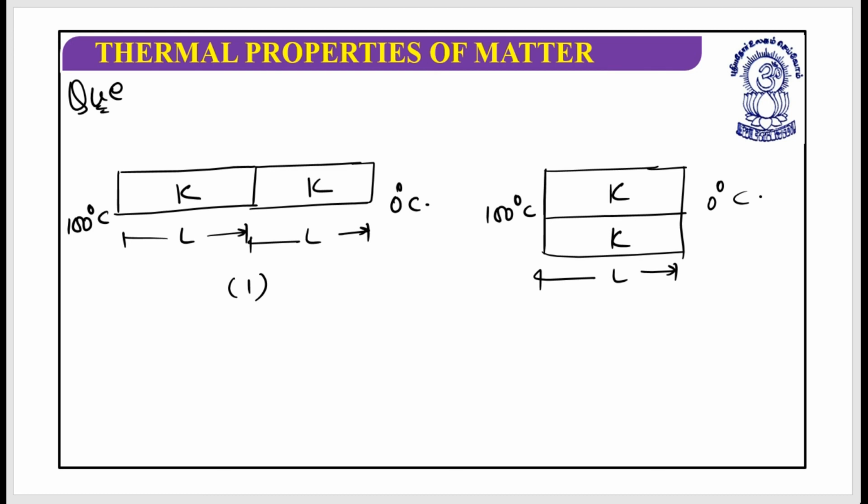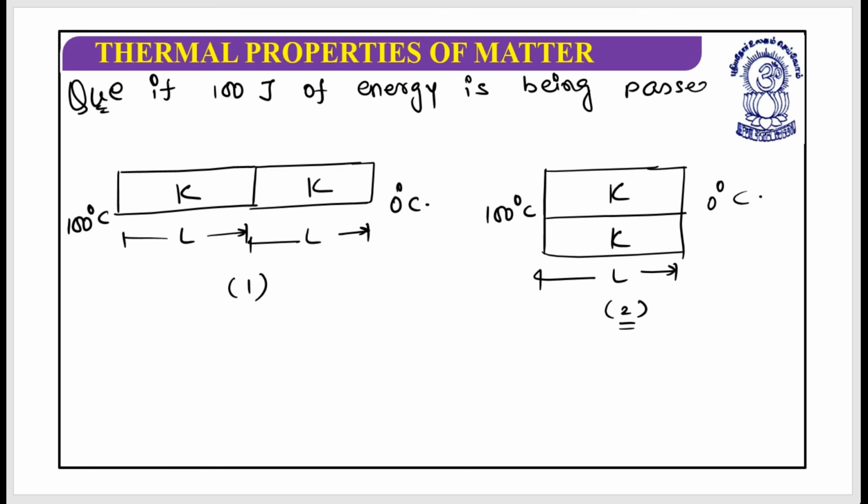If this is the second situation, they will say that if 100 joule of energy is being passed per second in the first configuration.